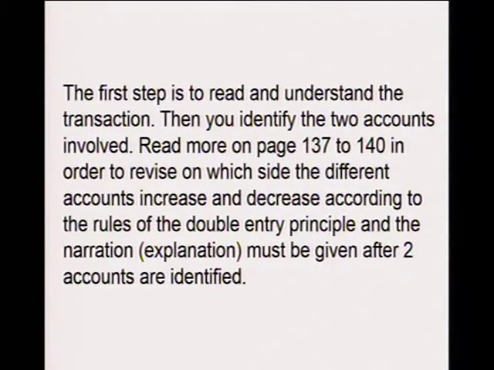It's an explanation of the transaction. And it's very important to read on page 137 to 140 just to revise, to know which account is increasing and which account is decreasing.